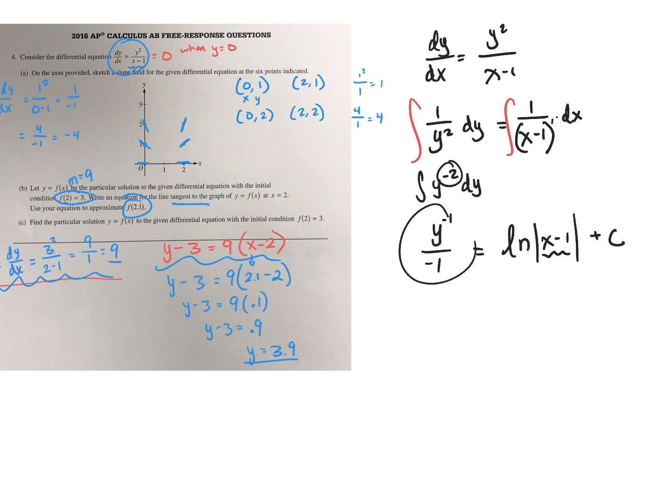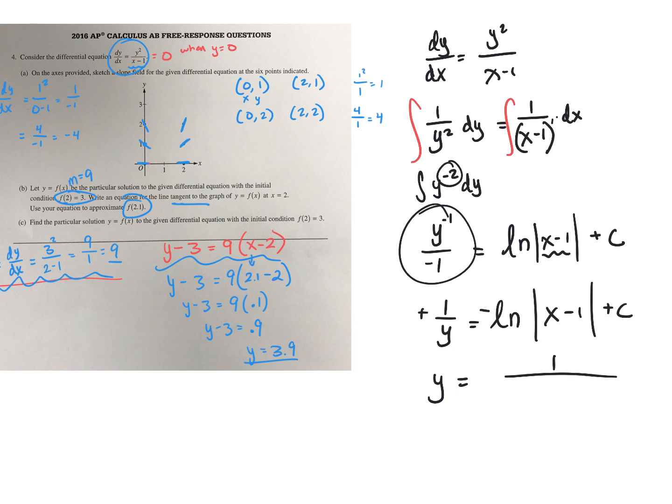So I'll rewrite this as negative 1 over y is natural log of x minus 1 plus c. Cool, cool. Move that negative over, and let's reciprocate. y equals negative 1 over natural log of x minus 1 plus c.